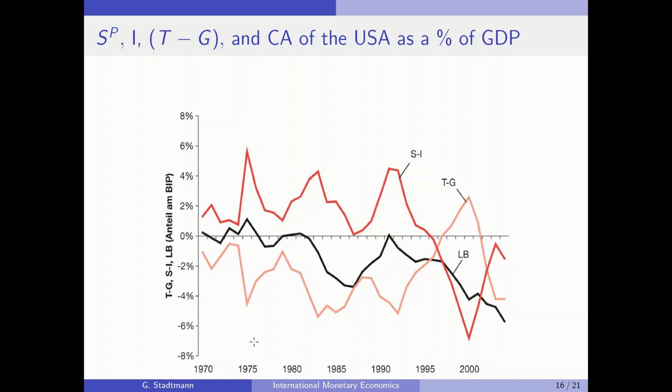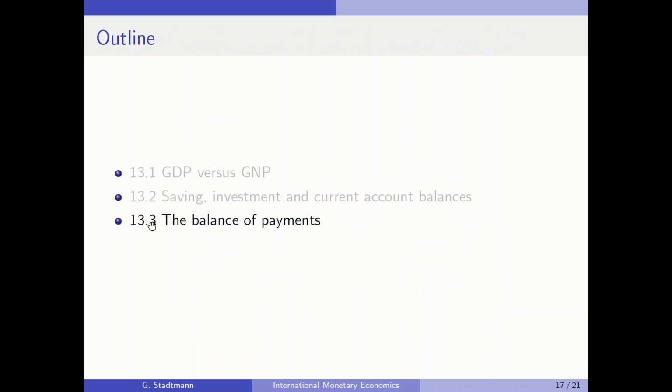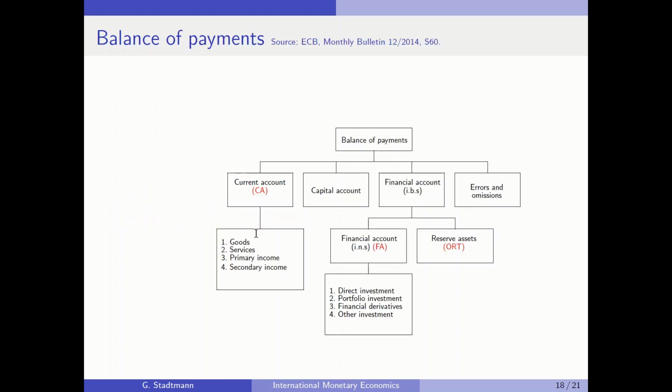In the next part, I would like to briefly talk about the balance of payment. We talk about the balance of payment and several sub-balances. So the balance of payment can be divided into the current account, the capital account, the financial account in the broader sense, and some errors and omissions.